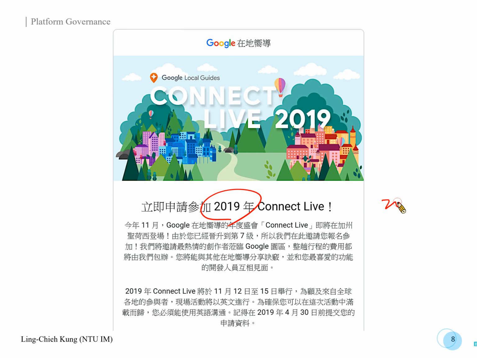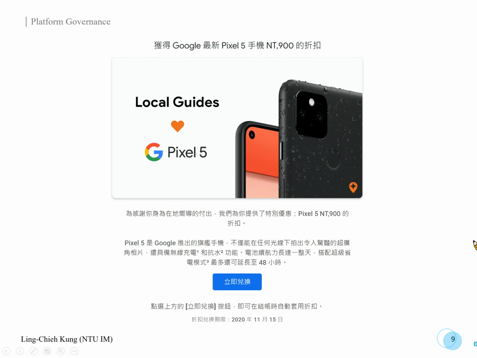Well, that was 2019. Obviously, for 2020, probably Google cannot invite anybody to travel overseas, right? So what did we have for 2020? Google said, well, because you are a good local guide, if you want to buy a Pixel 5, we're going to give you NT$900.